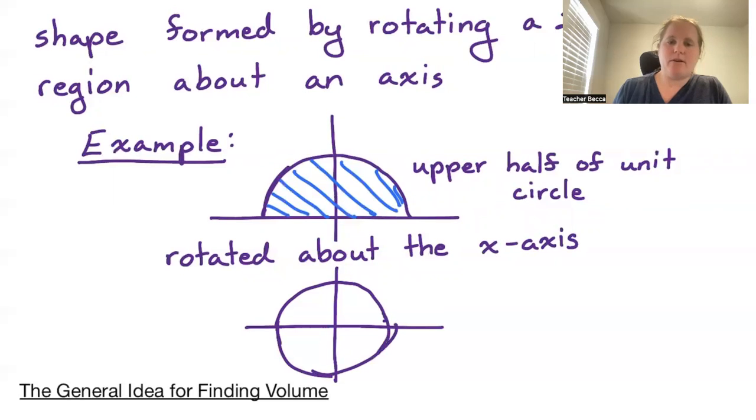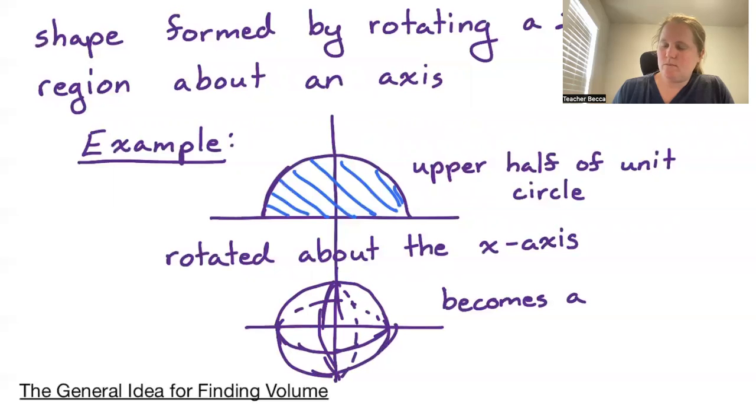So we'd get the top half and bottom half of the unit circle, but we also would have sort of a sphere coming out. And it's a solid sphere. So not only are we rotating the exterior of the circle, we're also rotating the interior. So it becomes a solid sphere.